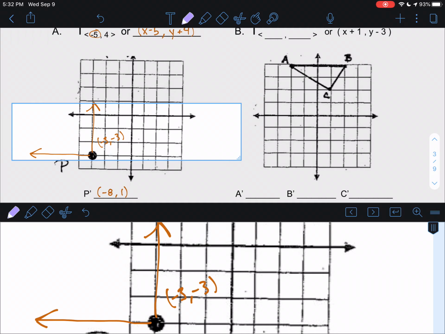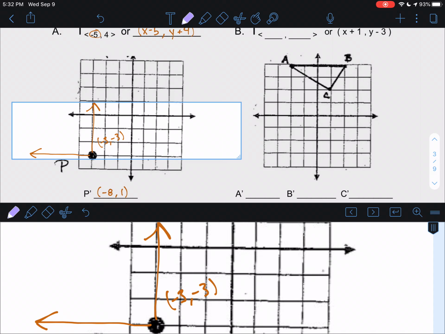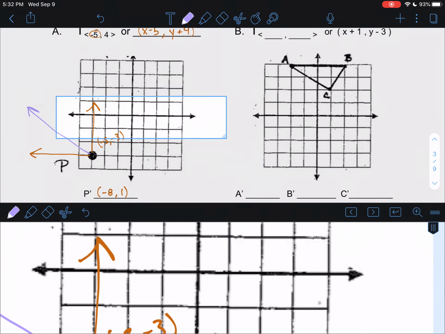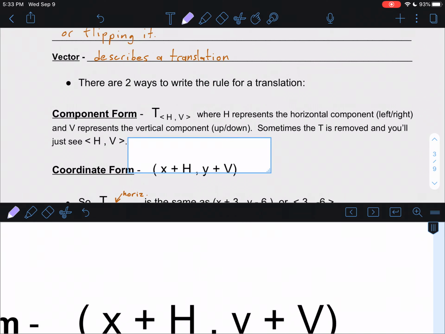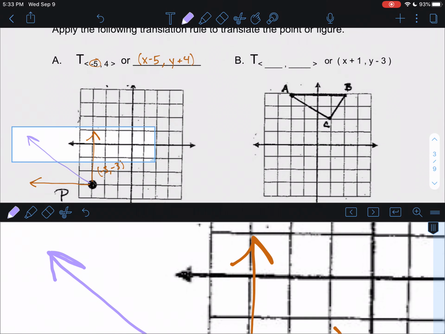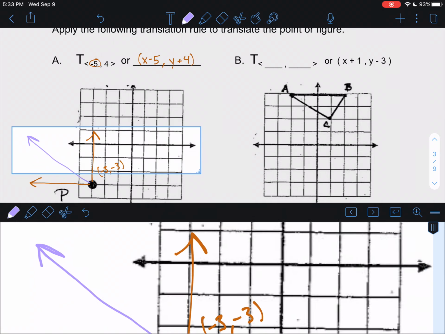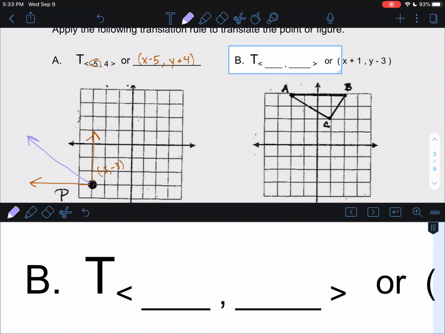The vector is going to be basically the point that it ends up at, and it's going to be going in that direction-ish. Not really positive, because they didn't include as many points as they should have on here. But the vector is going to be going that way, and that's basically just saying it's traveling in this direction. So the vector just tells me what direction it's going, and the vector describes the translation. It's describing it by saying, hey, we're going this way. The translation is taking me this way, so I'm going that way.